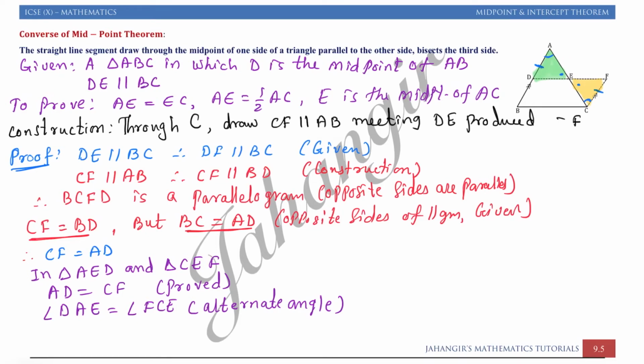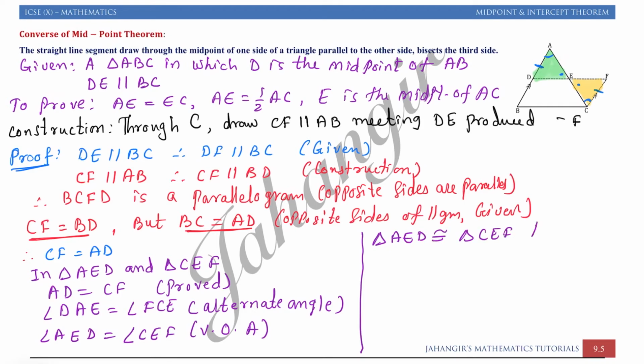Angle AED is equal to angle CEF, vertically opposite angle. So therefore we can say triangle AED is congruent to triangle CEF by side angle test or angle side test, AAS test for congruency.